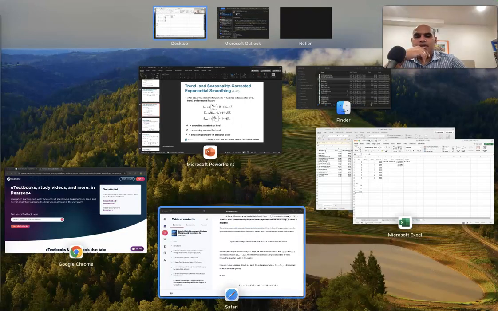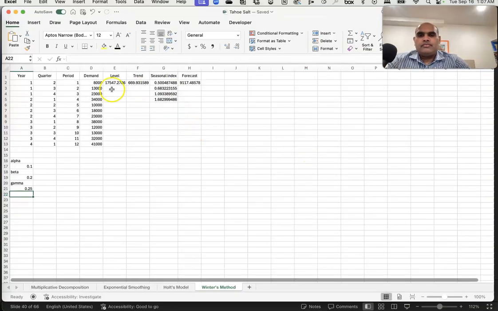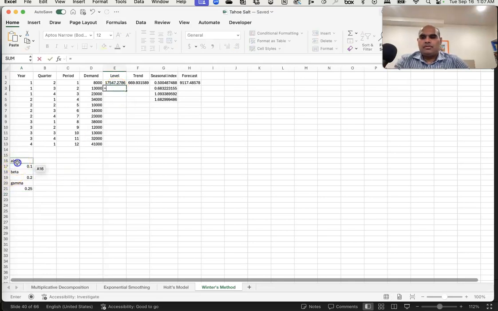So let's update the level. The way you update the level is you take alpha times the deseasonalized data, plus 1 minus alpha times the forecast, the level plus trend that you have. So let's calculate that. This is going to be alpha times demand divided by seasonal index, right?